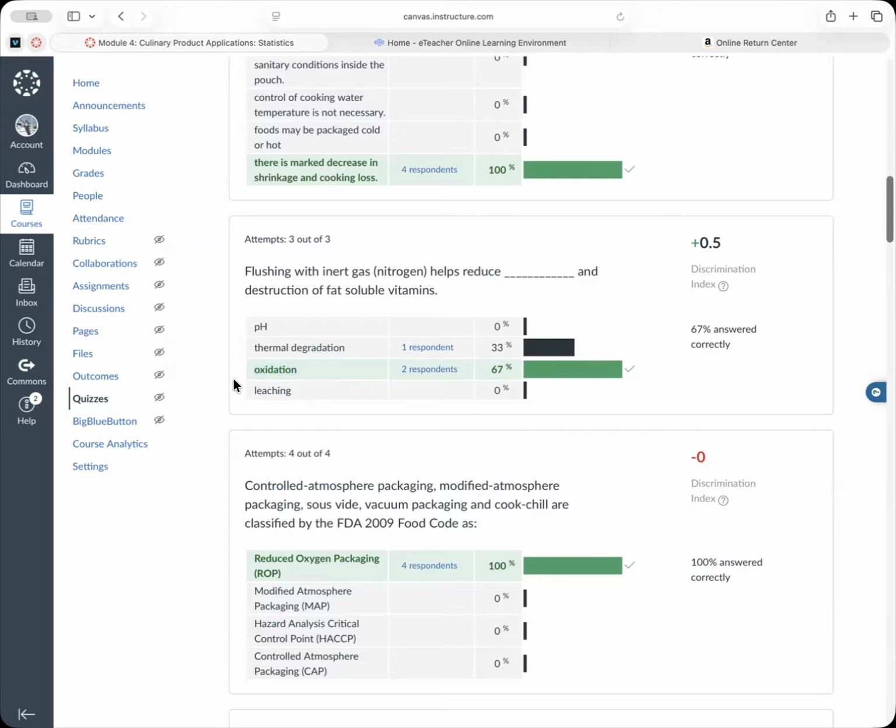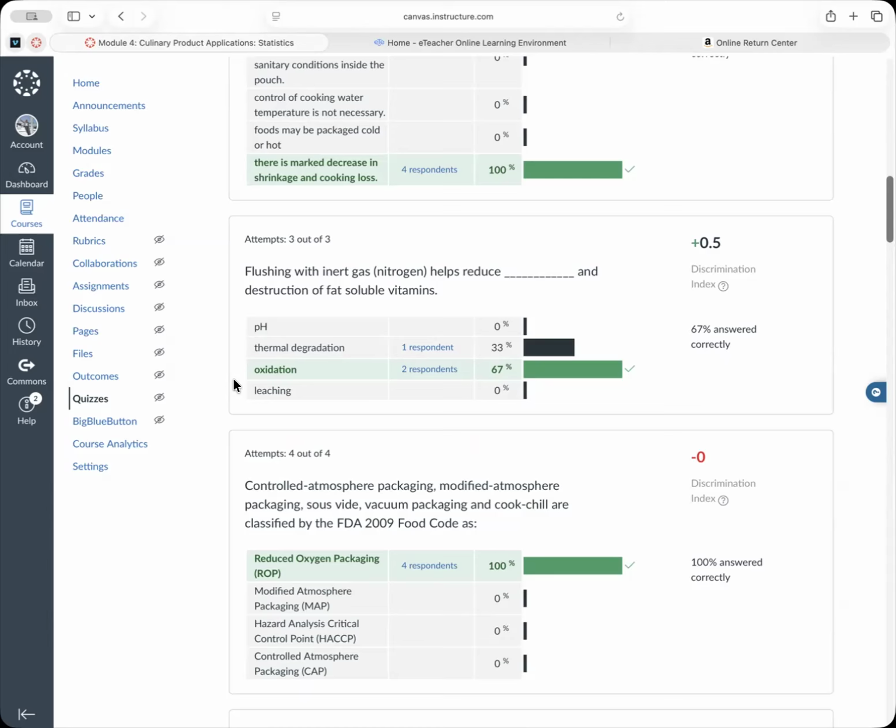Now, Jill, you mentioned last week that everyone has a different quiz, correct? Yes, there are 20 questions, but there are more than 20 in the test bank, and each time you take it, you could potentially get different questions. Understood. So if you take it again, because you didn't get this one right, you get different questions.